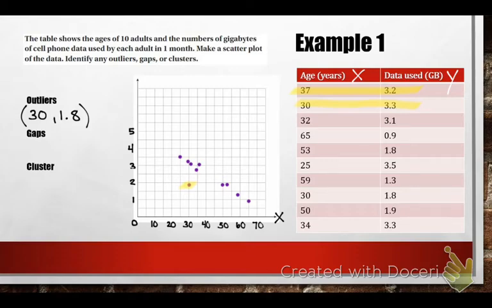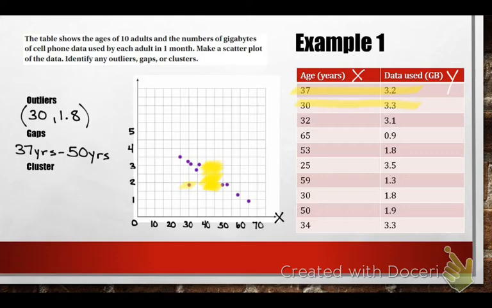It's in this area right here, right? There's nothing. So that's about from 37 all the way up to 50. From 37 years to 50 years, I have no data at all. Now, how many people did they survey? Only 10. So if they really want more accurate information, they should probably ask more people.